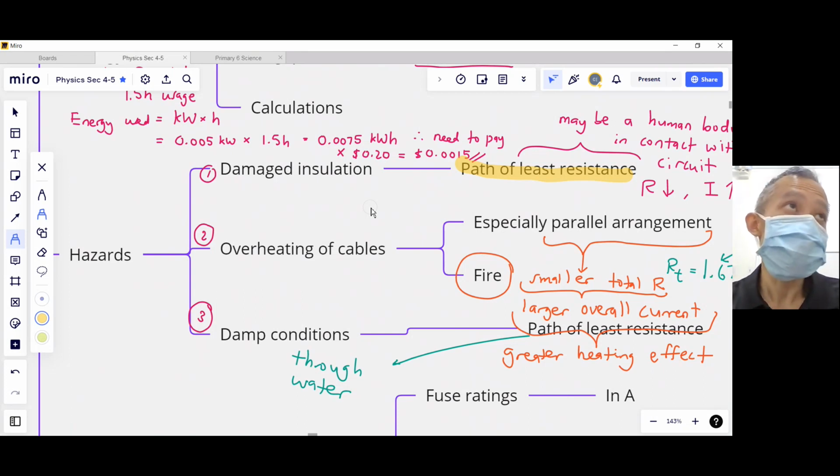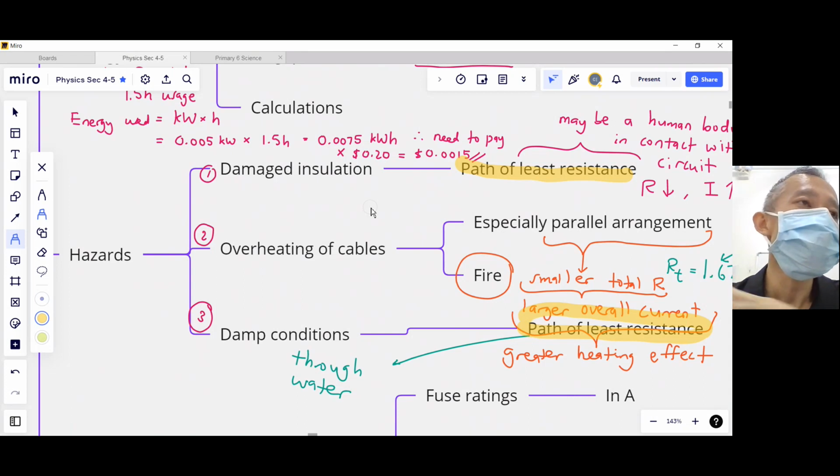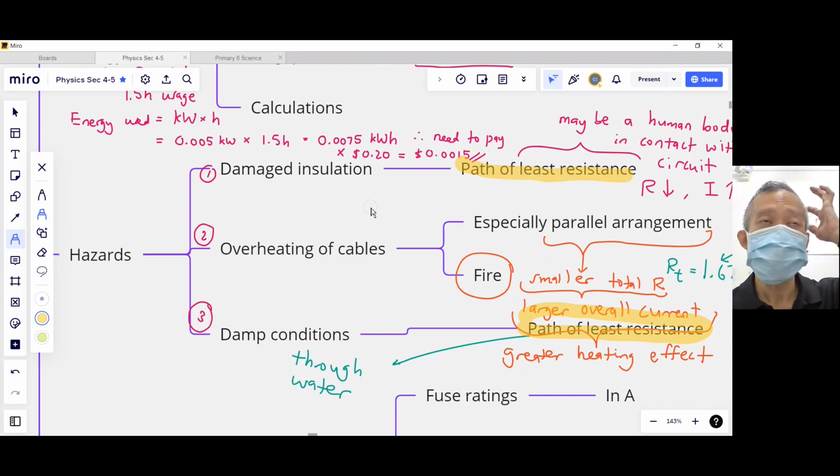Let's say you go and touch something and you have less resistance than the normal circuit, then basically the current will go through you. Likewise, if somehow water gets into the circuit, water also offers the path of least resistance, so it will go through the watery part, which includes yourself, if you are the one wet.